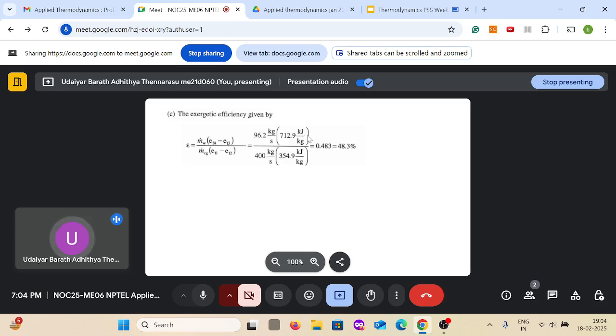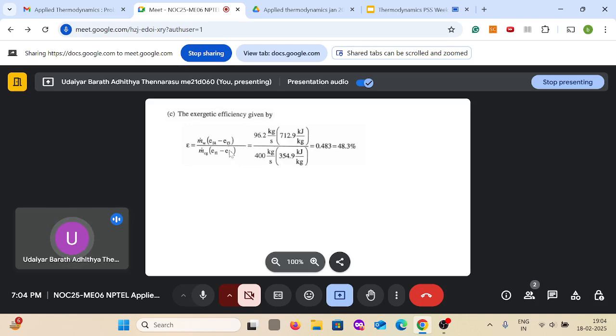So exergy efficiency is nothing but exergy of the stream at the outlet, the useful effect. So here my useful effect is converting it to steam in the boiler. So exergy change in the water divided by exergy change in the air. So instead of heating water, if I had used it to generate work, I would have got some work. So now that has reduced it to exergy of the water.